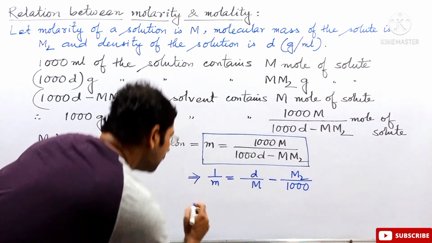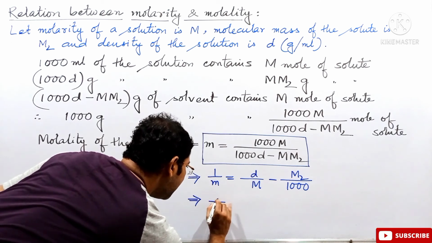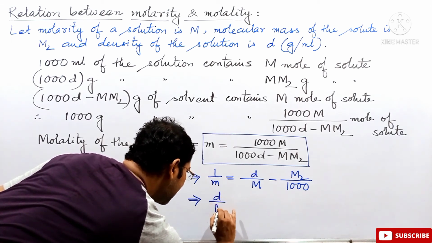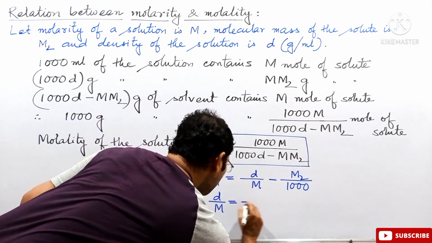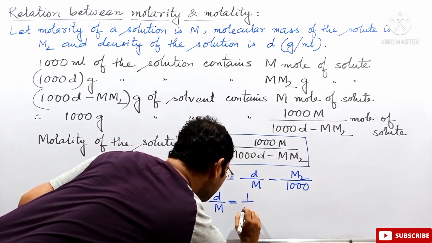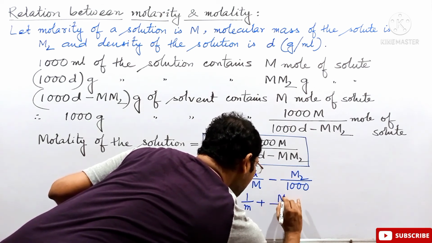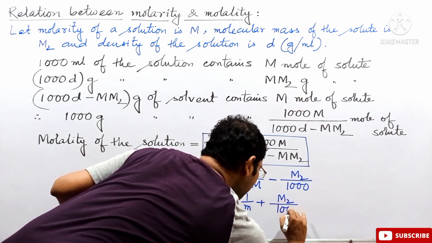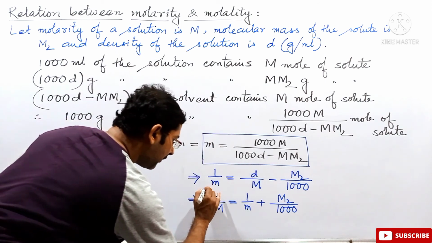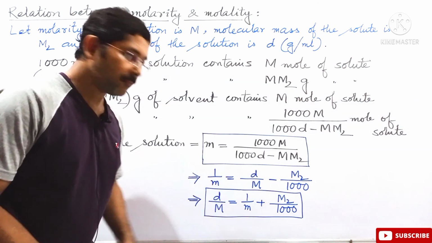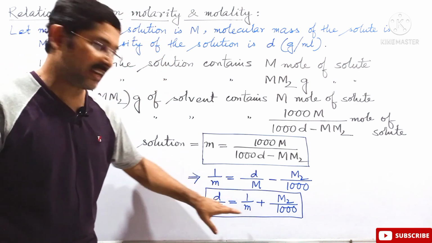So this one is small d by capital M, equal to 1 by M plus 1 by small m plus M2 divided by 1000. So this is the very popular and common form of the relation between molarity and molality.